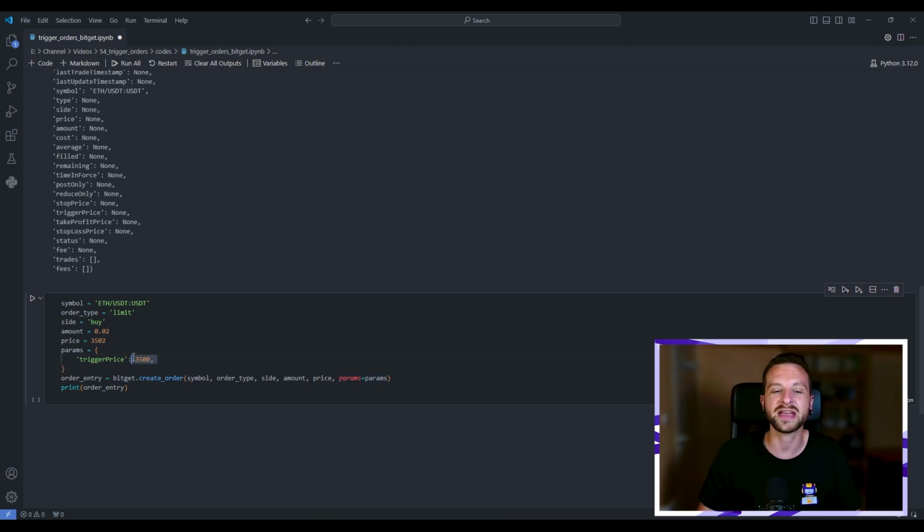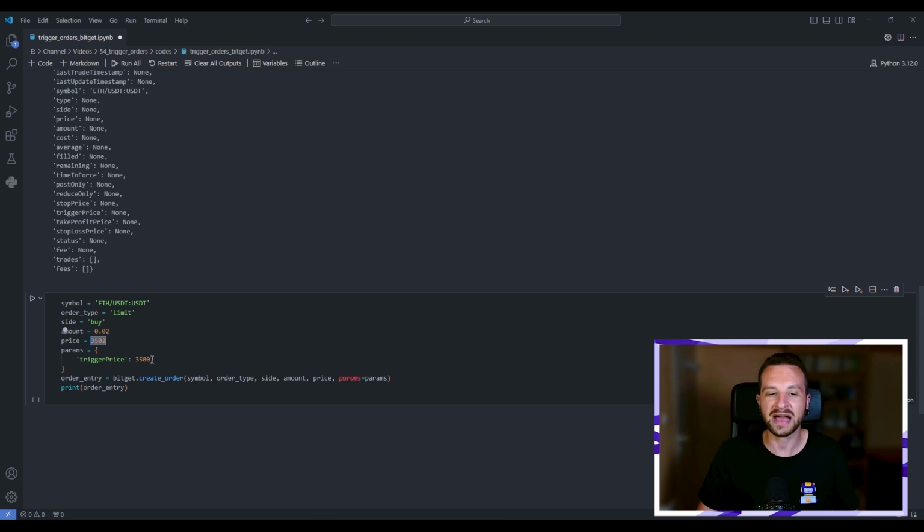So what I'm doing here is I'm saying that the trigger order will be triggered at 3,500. So at that price, it will change and become a limit order. And that limit order will only execute if the price hits this execution price of 3,502.